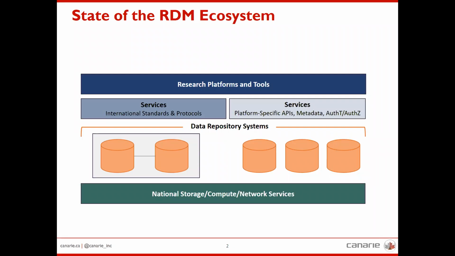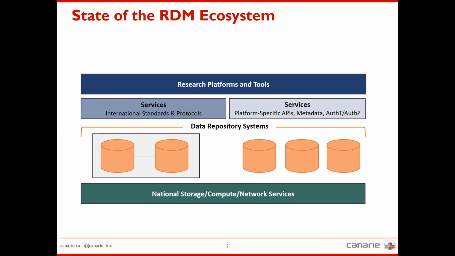And there are also a plethora of, as many of you know, standards, protocols, APIs, metadata schemas, and all kinds of computer services and the like that are used to provide the kinds of services and resources that researchers need during their research activity.